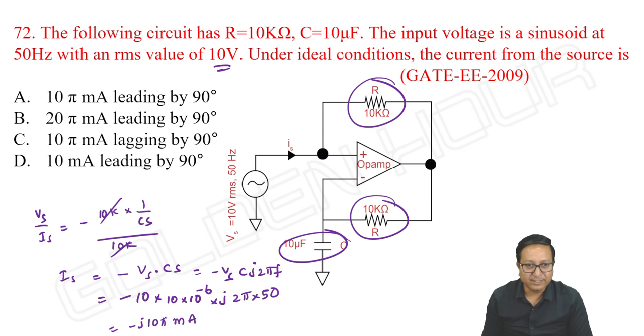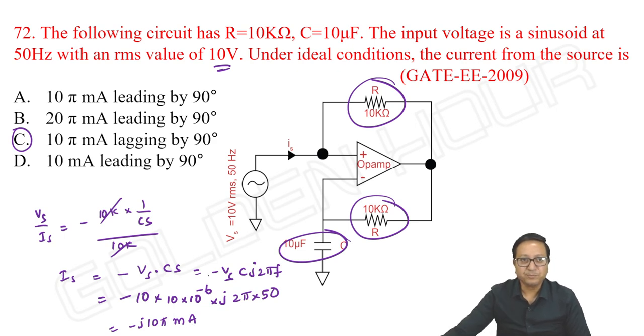So it is 10 pi milliamperes lagging by 90 degrees. 10 power minus 2 amperes can be written like 10 milliamperes. Correct. Okay. So very simple.